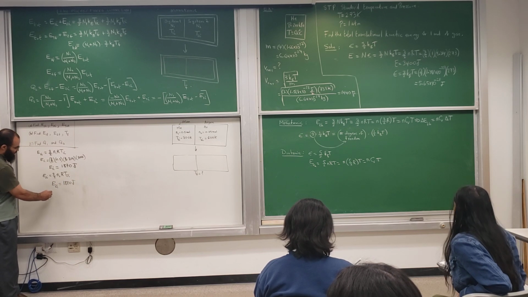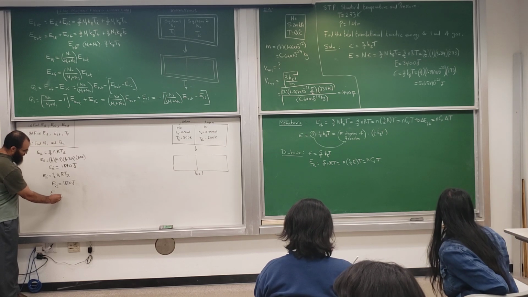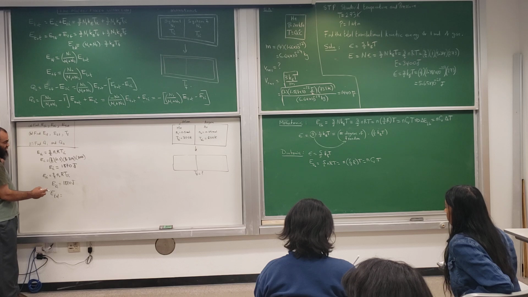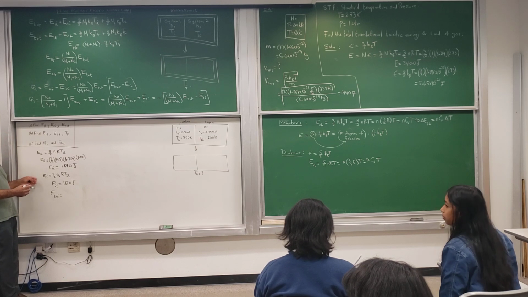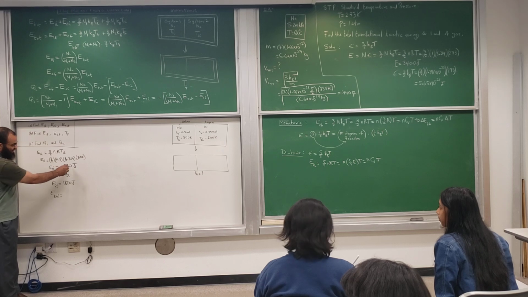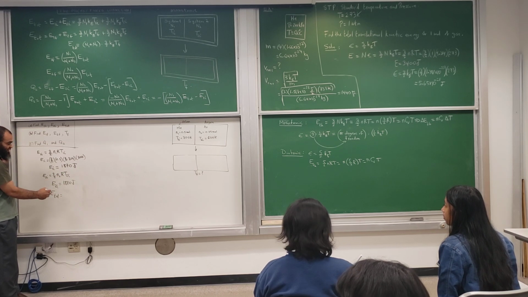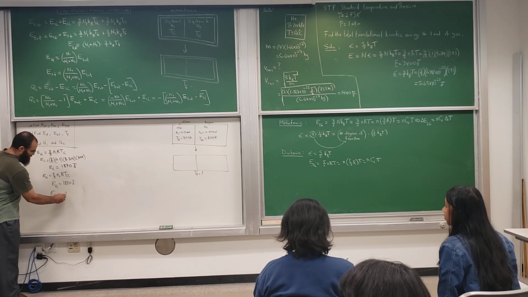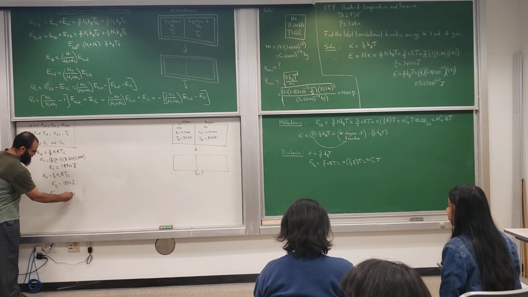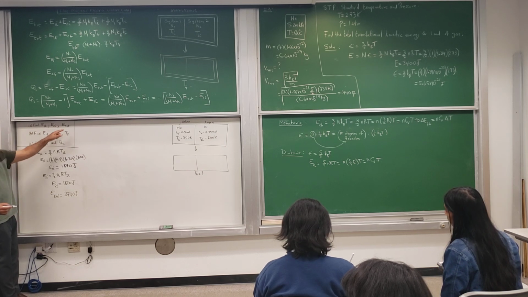So what's the total energy? It's the sum of the two, 1870 plus 1870, which is 3,740. So we answered these.